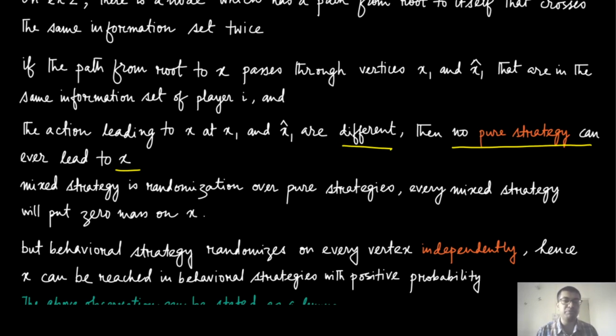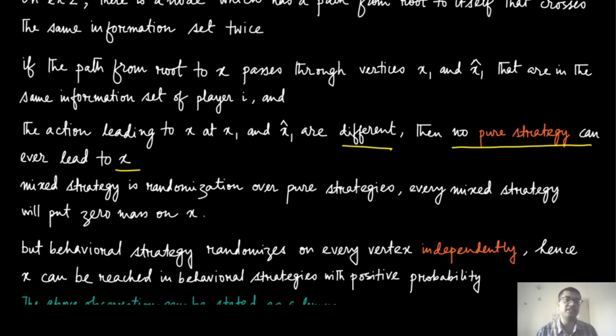But a behavioral strategy is randomized over different information sets independently, and also at different vertices of the same information set independently. Therefore there could be a positive probability that x can be reached.